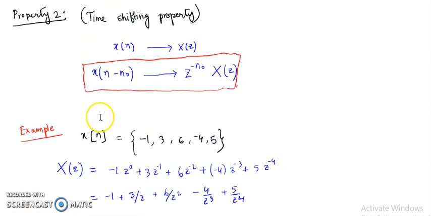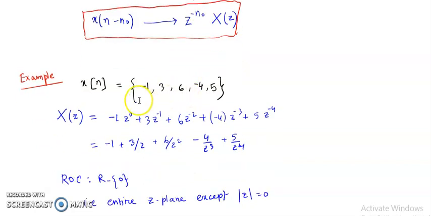The next property is the time shifting property. If x[n] has Z transform X(z), and you perform a time shifting operation on n, where n naught is a constant, so if we subtract this constant n naught from n, then the Z transform output X(z) will be multiplied by z to the power minus n naught.